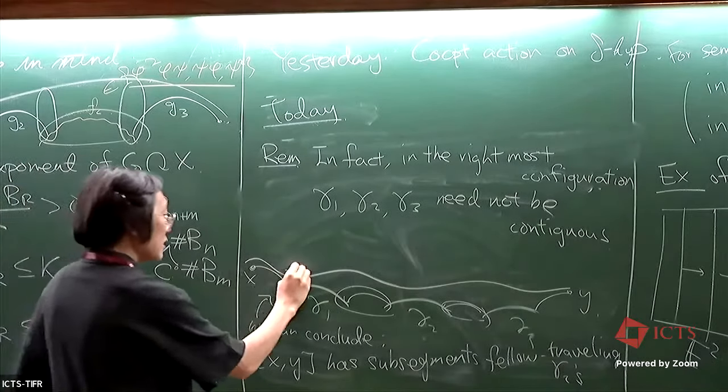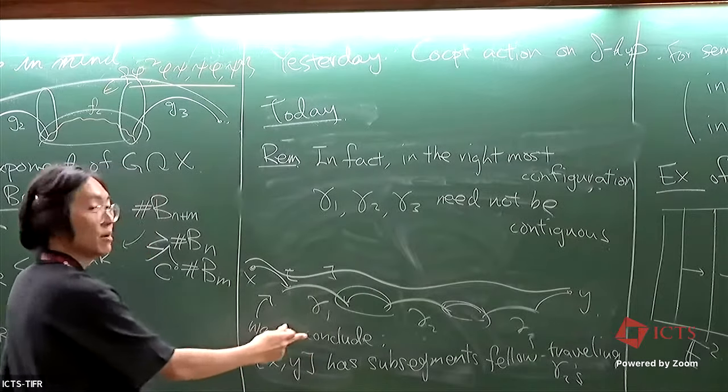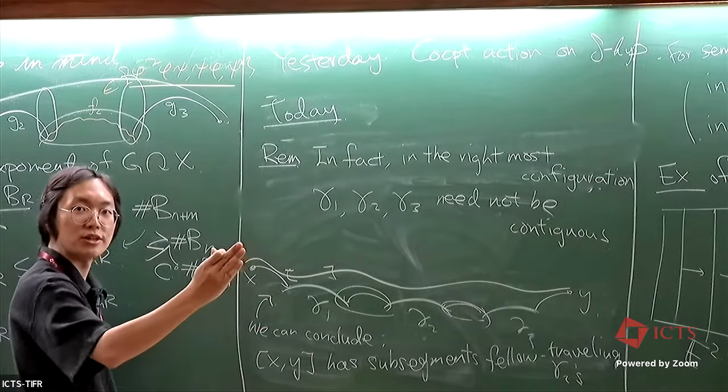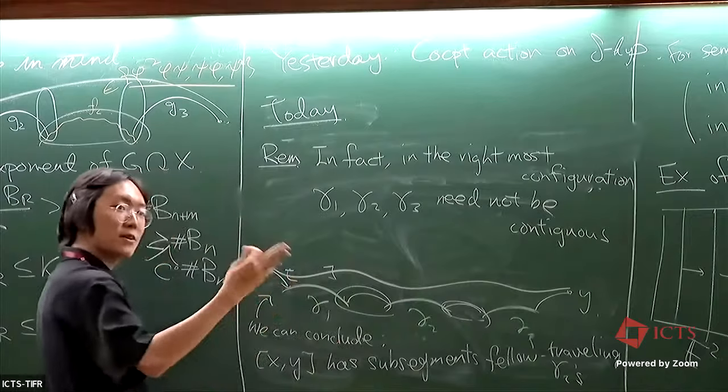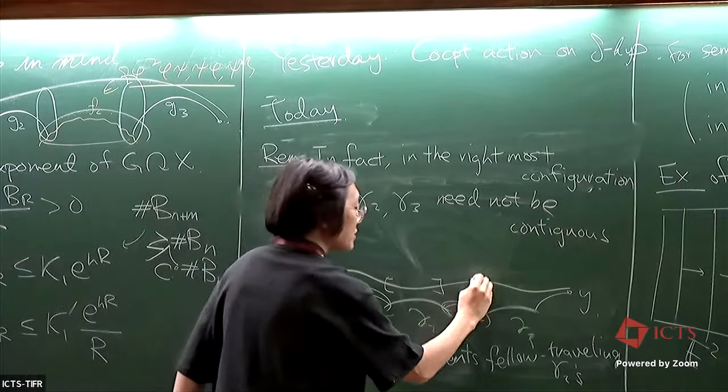What do I mean? It will have the first subsegment that is really nearby gamma 1, also matching the orientation. After that, you will have the second subsegment. And finally, you will have the third subsegment.